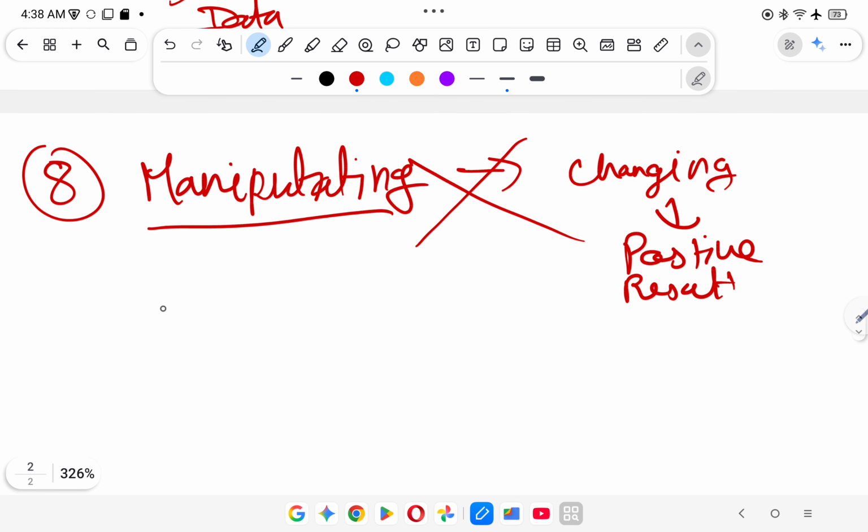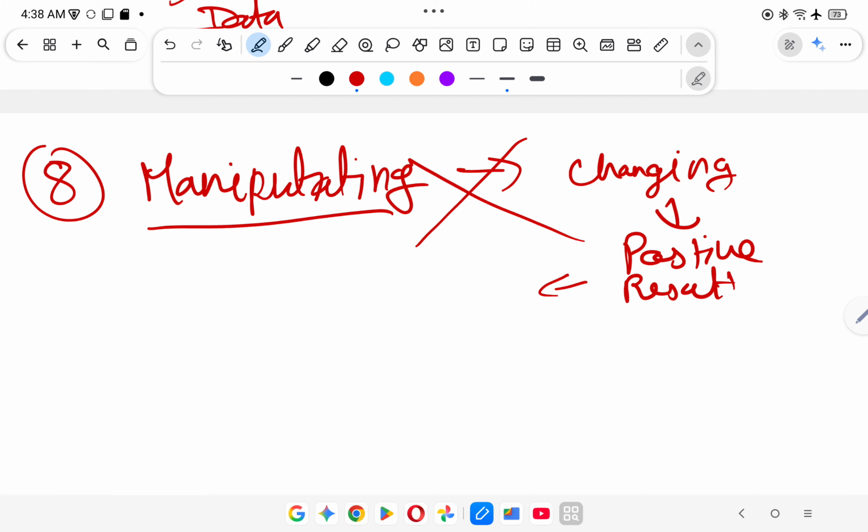Even if you get a negative result, even if you say it's not a positive finding, that is better than manipulating your research and having a positive finding. So again, it is a very unethical practice.